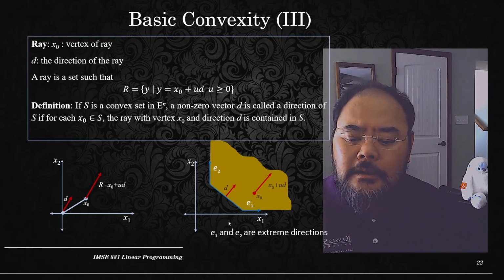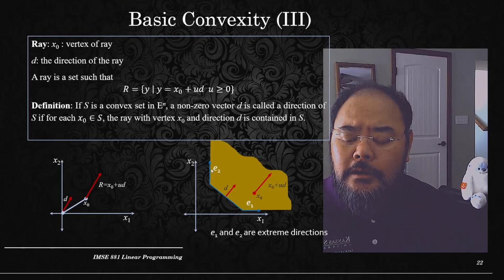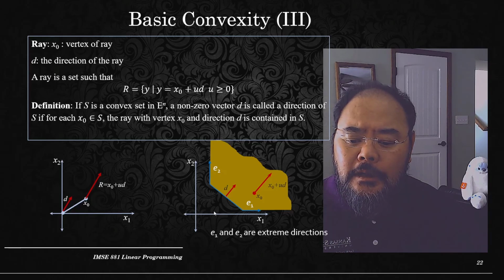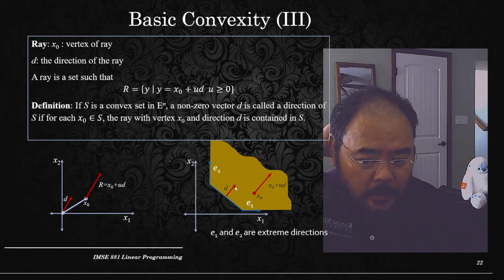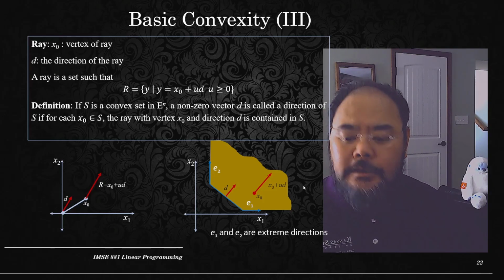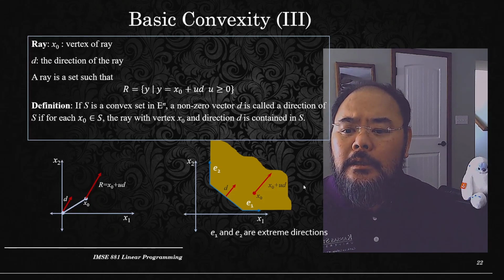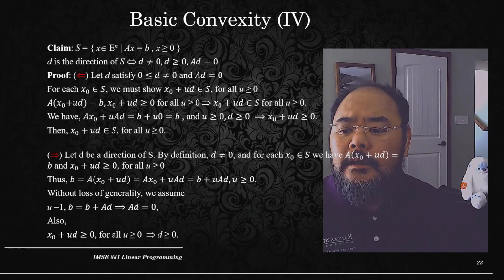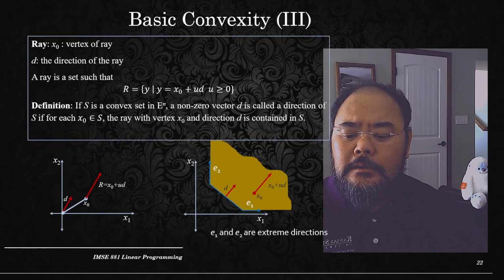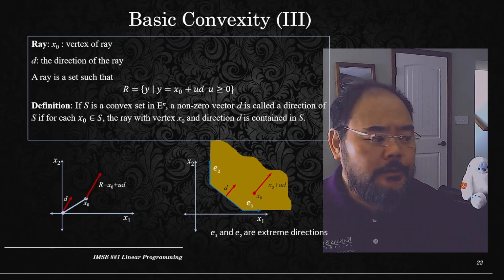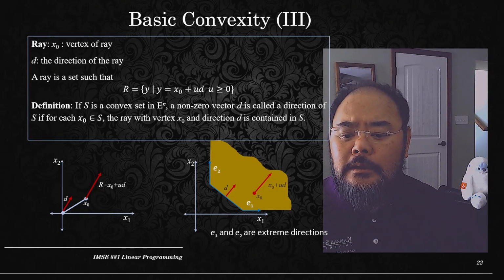In this particular illustration, E1 and E2 are the extreme directions, because any direction D can be written as a cone combination of E1 and E2. We're coming up to this in a few seconds in the next lecture slide, talking about how we can prove this using extreme directions. I'm going to conclude this lecture video, and we start a new one next.